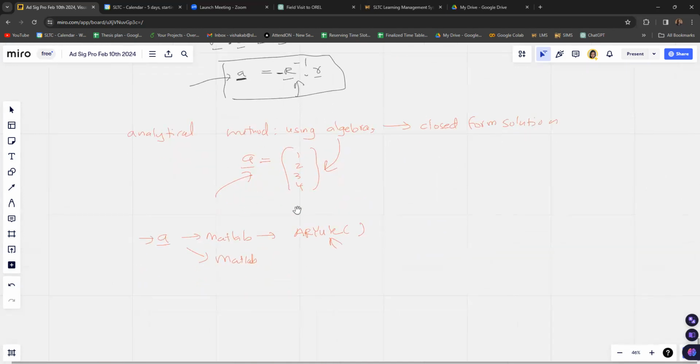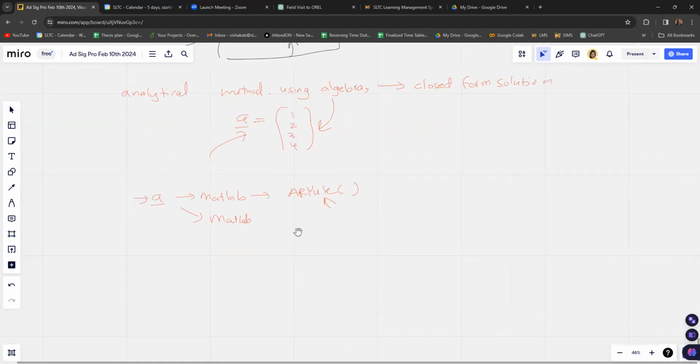So if we are using mathematics, we can get a closed form solution that will govern the input parameters and relate them to the output parameter A. There will be some equation that will help us derive the parameter values of A. That is the calculation of solutions using the analytical method.